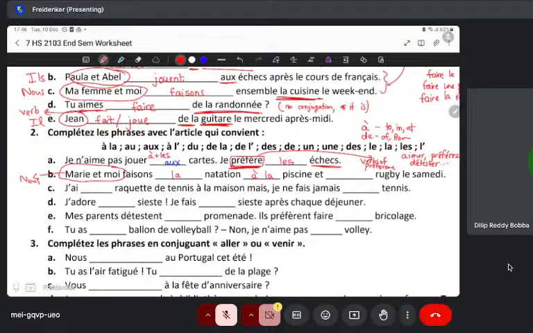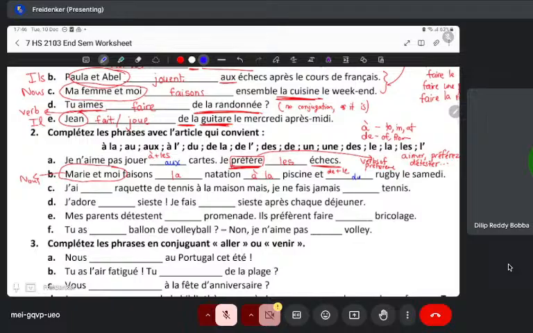And what are we doing? Nous faisons dash. So now this will become the case of faire and sport. So that would mean faire will take de, but rugby is masculine, so this will become du.